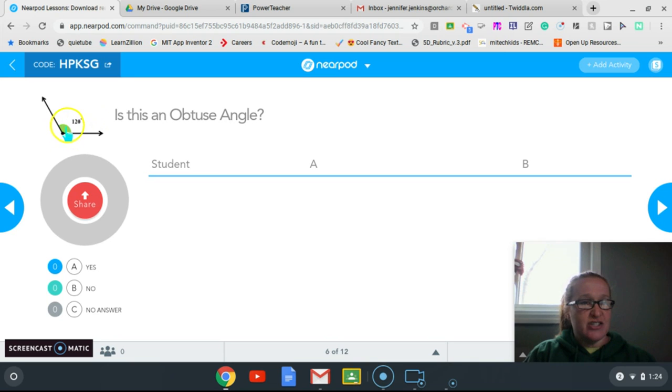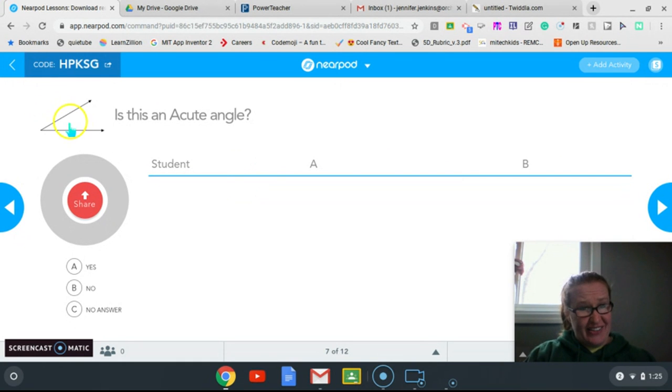And again, that shows the open up version, 120 degrees. So therefore, is that an obtuse or an acute? Let you think about this. You can't actually click on it right now, but just think about it. If you said yes, it is an obtuse, you're right. It is an obtuse because obtuse is bigger than 90 degrees. Remember, everything's based on 90 degrees.